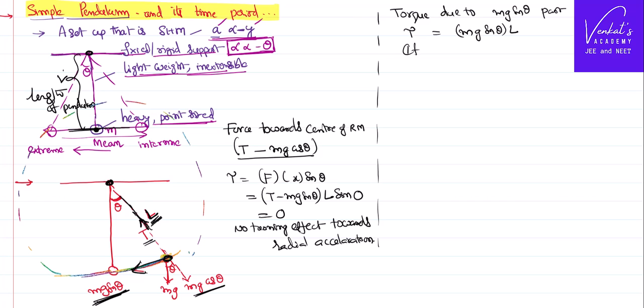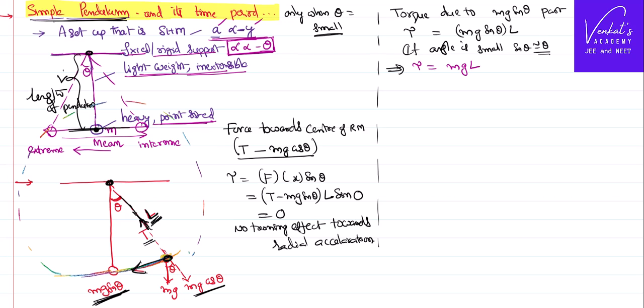If the angle is small, that's a condition for the system to be in simple harmonic motion, sin theta is close to theta. So be careful. A simple pendulum is in simple harmonic motion only when the angular displacement theta is small. We shall not pull it to a very large angle. In that case, I can rewrite the above equation, torque as mg L theta itself.